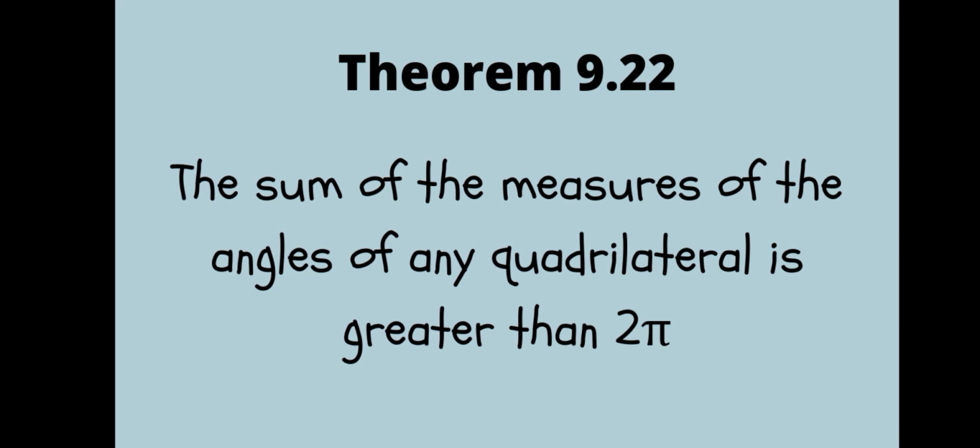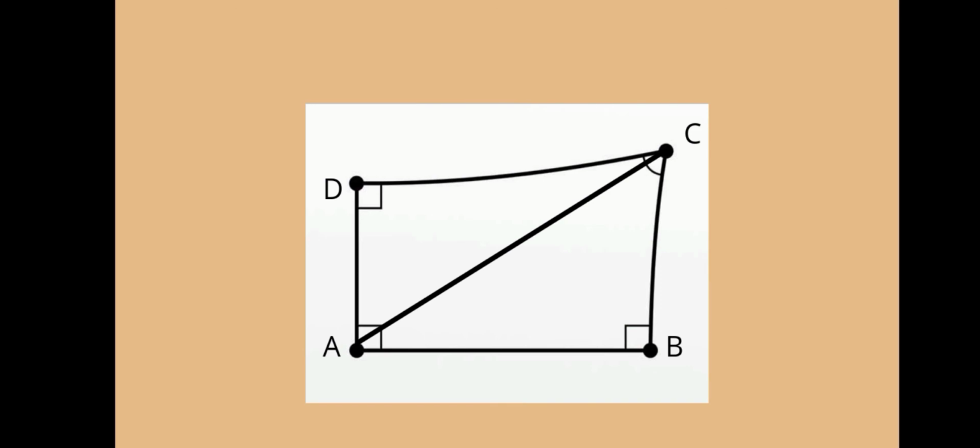The sum of the measures of the angles of any quadrilateral is greater than 2 pi. Let's have the figure. ABCD is a quadrilateral. Since any quadrilateral can be divided into two triangles by either diagonal, just like in the figure, this theorem follows readily from the previous theorem that we discussed.